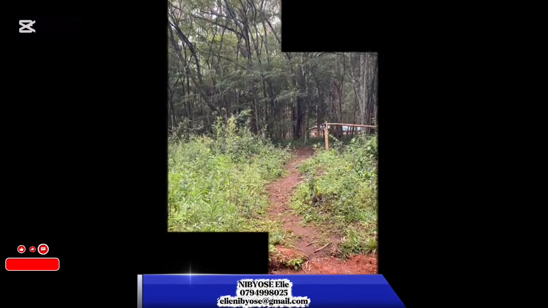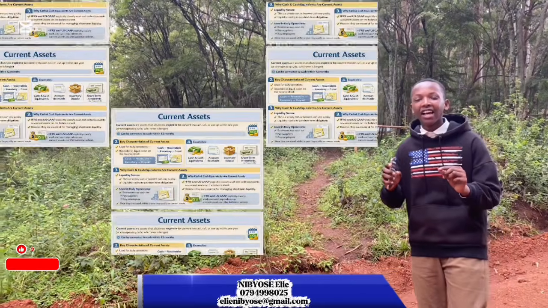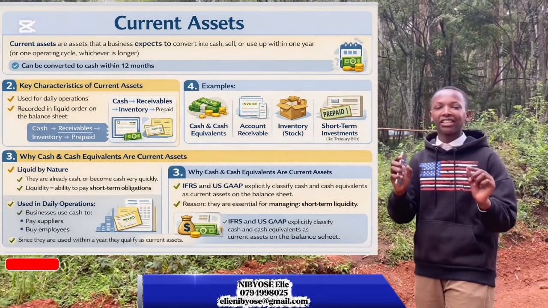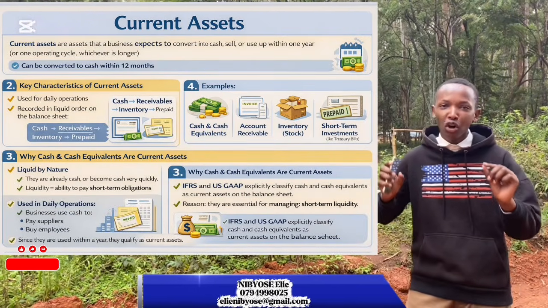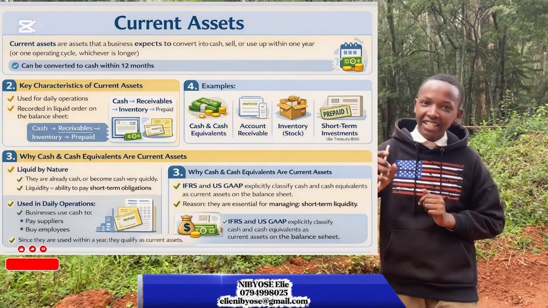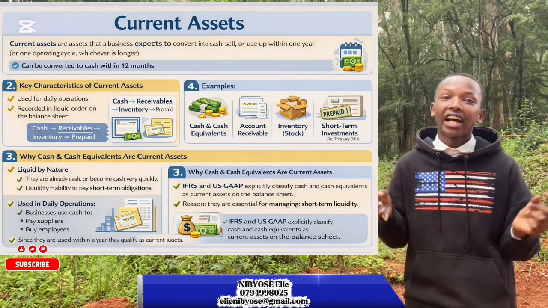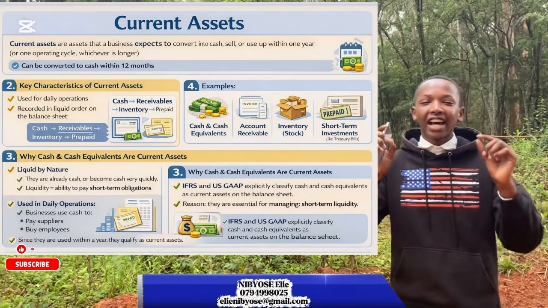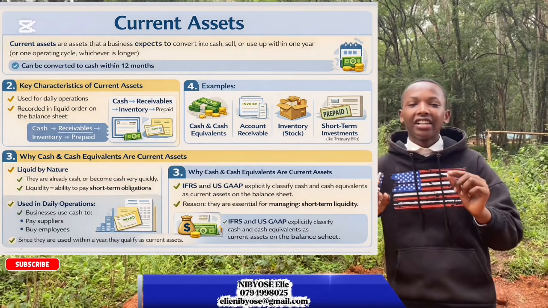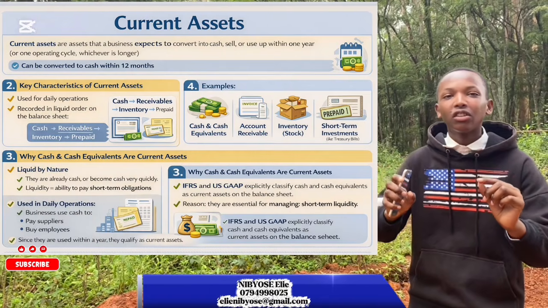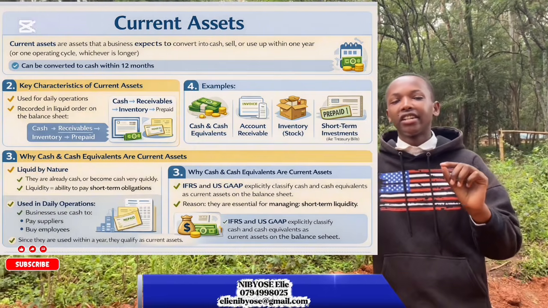Current assets are assets that the business expects to convert into cash, sell, or use up within 1 year. In other words, these are short-term resources that a company uses to fund its operations.